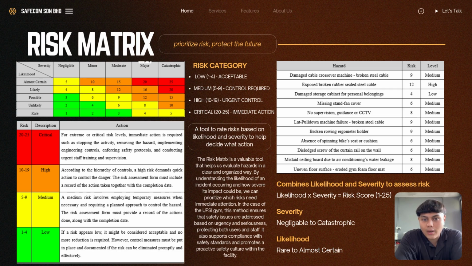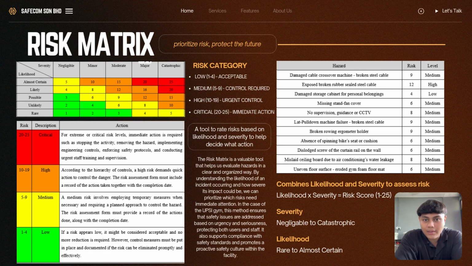Likelihood refers to how probable it is that the hazard will occur, ranging from rare to almost certain, while severity measures the potential consequences, rating from negligible to catastrophic. Each combination of these 2 factors gives us a numerical risk score ranging from 1 to 25, which is then categorized into 4 risk levels: low, medium, high, and critical.